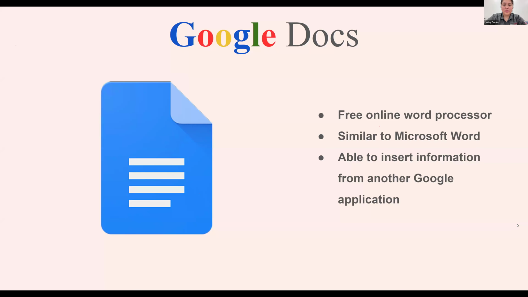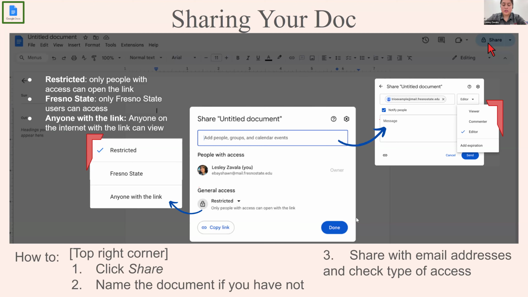So to begin is how to title your doc. On the left side, the top side of your page, you are going to double click and title your page. So next page. Sharing your doc. On the right side top where the blue little icon is, it says Share. If you click that, you'll have access to enter other people's Gmails.